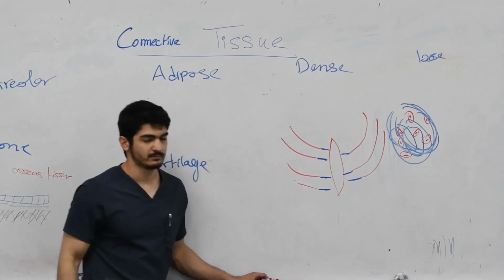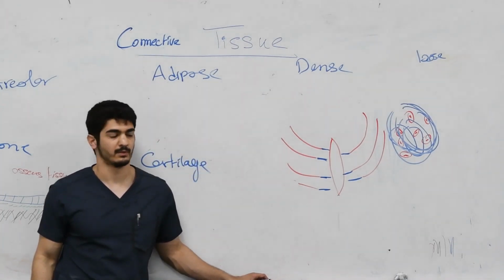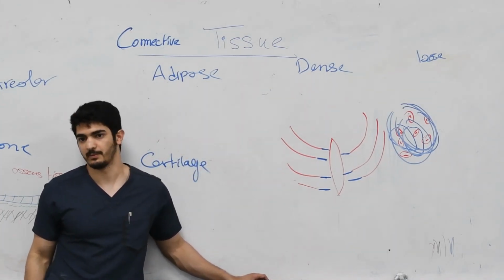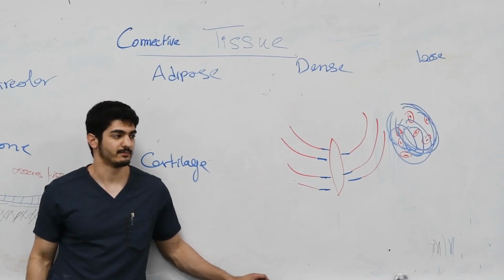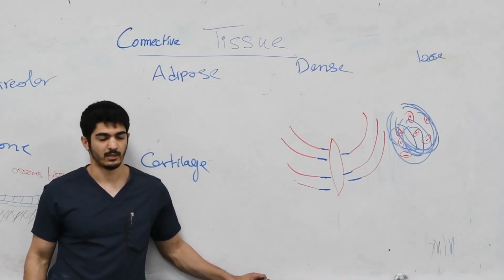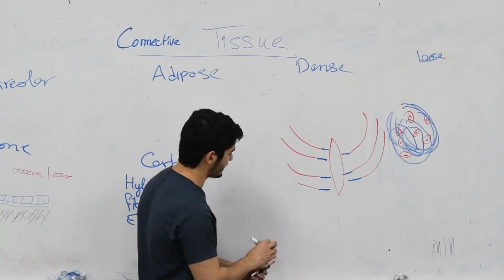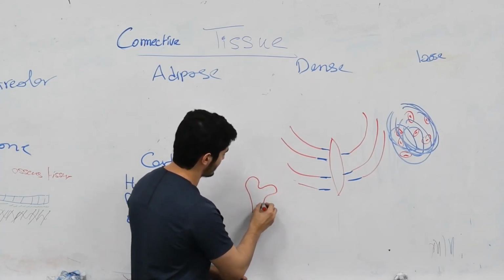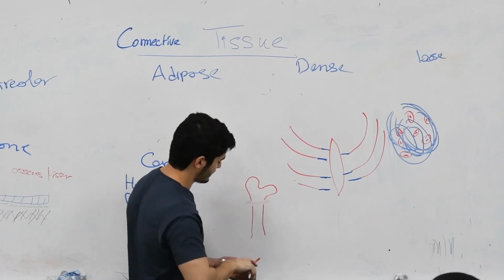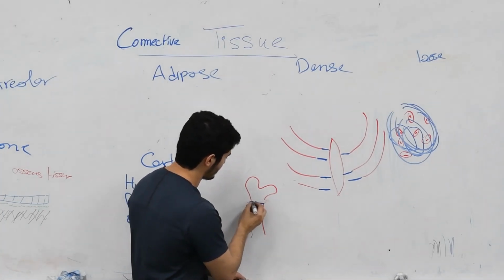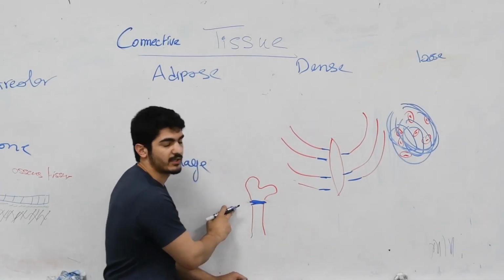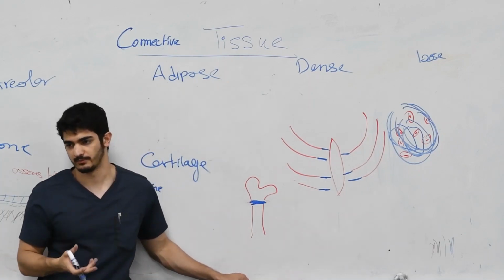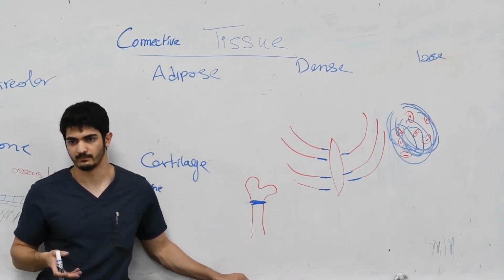Okay? Now, are the epiphyseal growth plates hyaline or not? Okay? The epiphyseal growth plates, I will show you. Let's consider this is a bone. They are located here. As long as you have them, it means you can grow more or become taller.